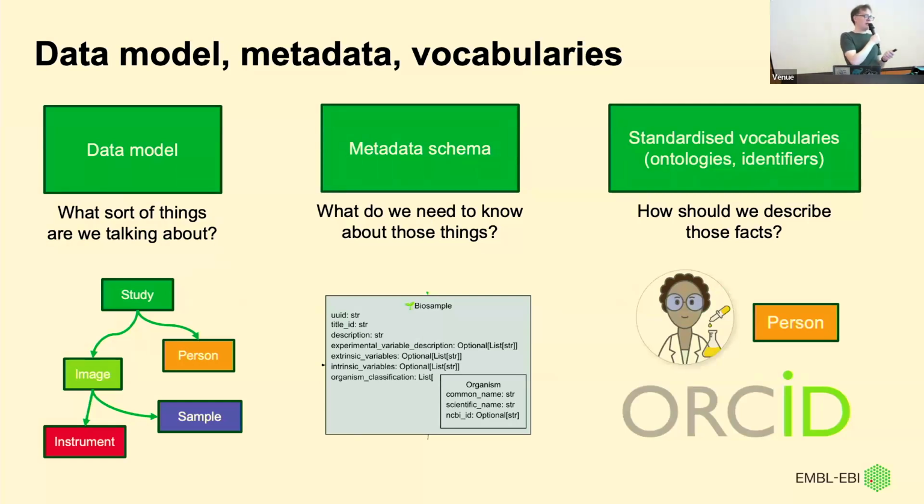And one of the reasons I think it's useful to think about them separately, and there will be discussions in the breakout room and for many years down the line about harmonizing these things, is because in general, it's easier to change things, particularly for existing databases, on the right-hand side. None of these things are really easy to change when you have existing data, which is why the more agreement you can do in advance, the better. But on the other hand, it's hard to get everything right, so you do need to update. Changing the unique vocabularies you use is possible.